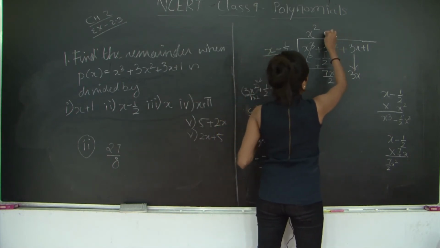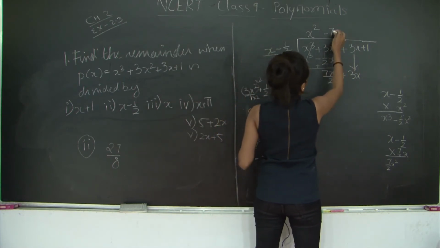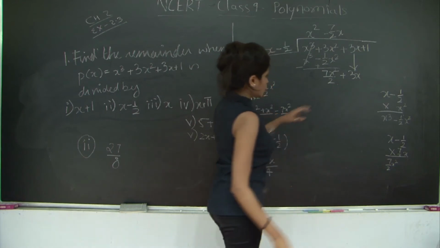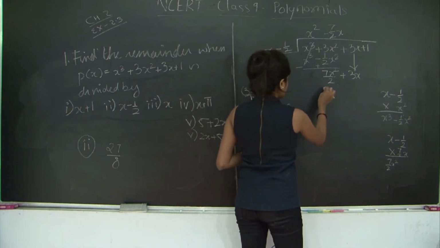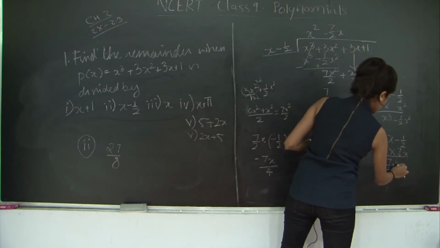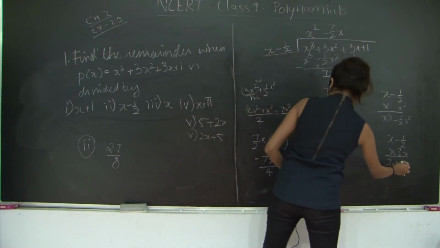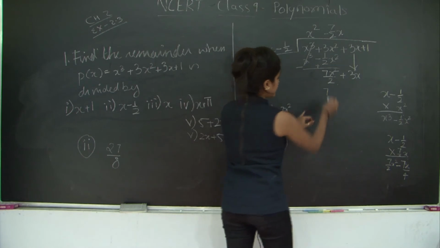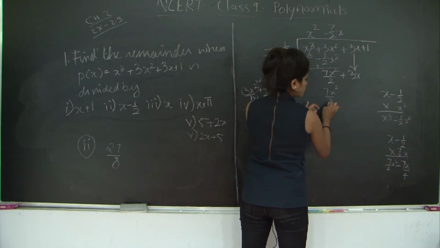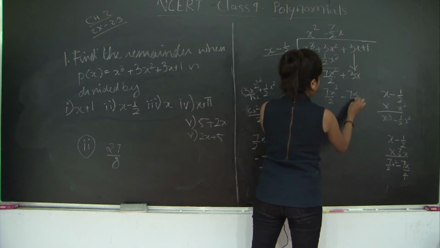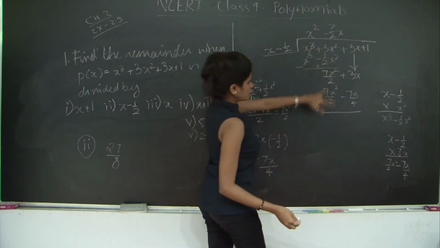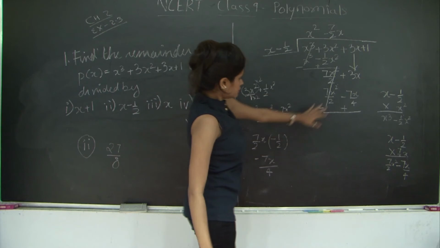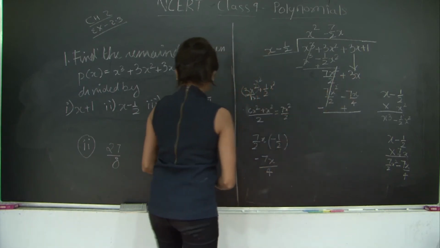So the output is 7x square upon 2 minus 7x upon 4, right. Negative, positive, cancels out.